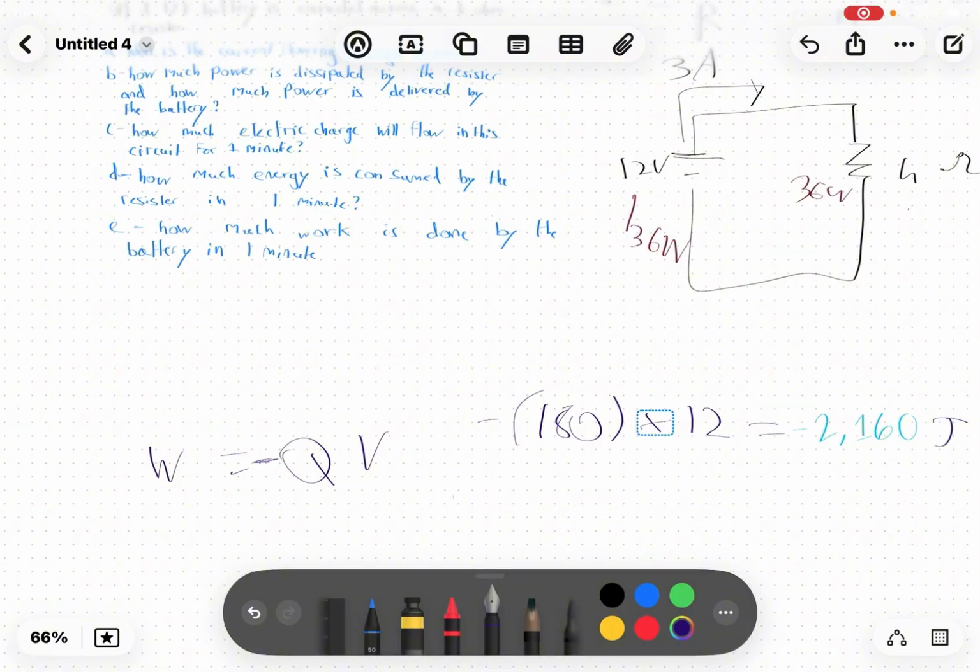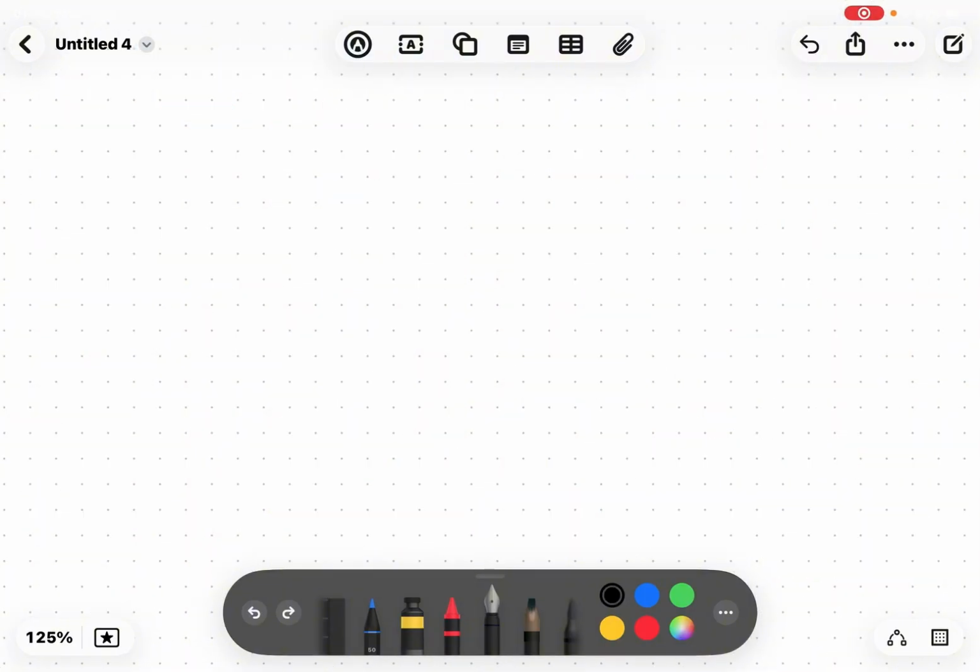However, we also would be able to do work as power times time. It gives the same exact thing, but we have to understand actually the theory.